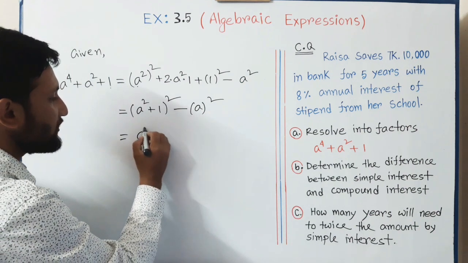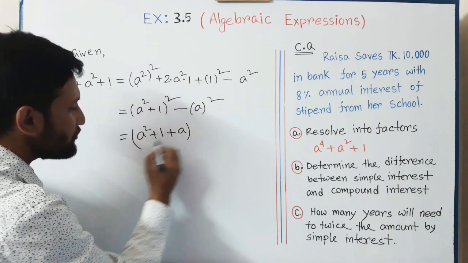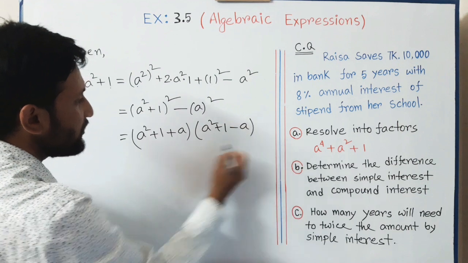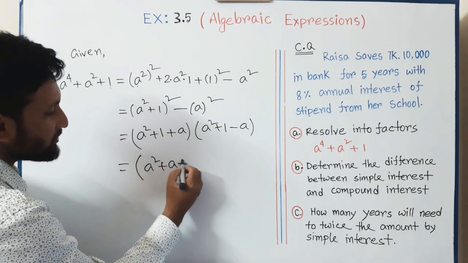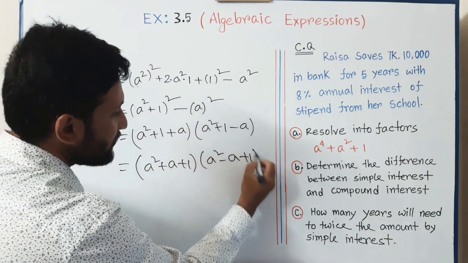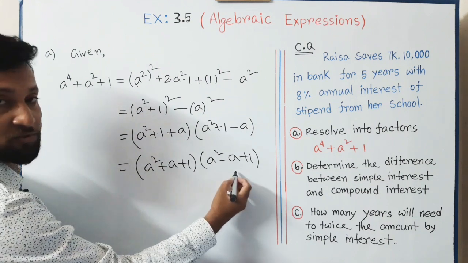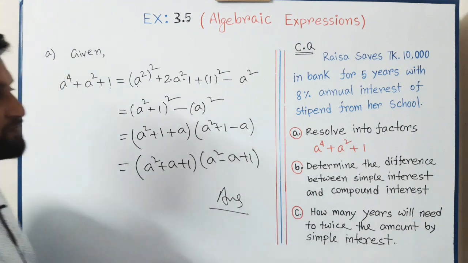Also we can rearrange this as a square plus a plus 1, and then a square minus a plus 1. So this is our required solution of 2 factors. I hope everybody is clear.